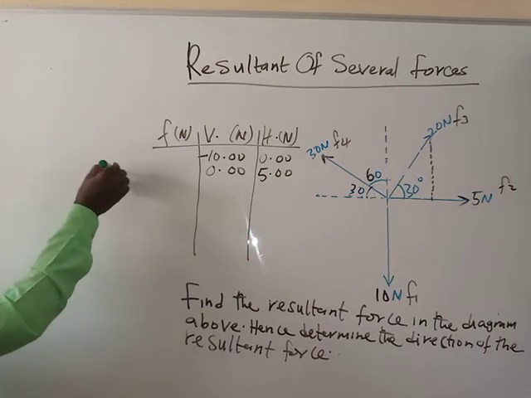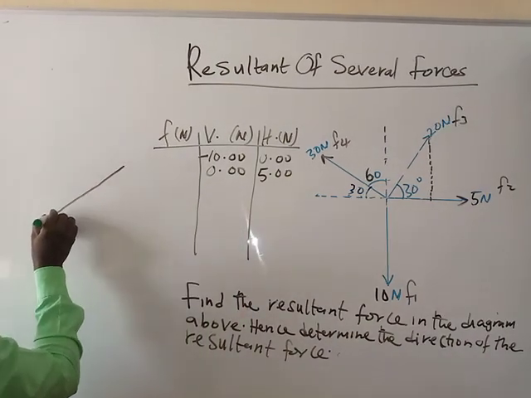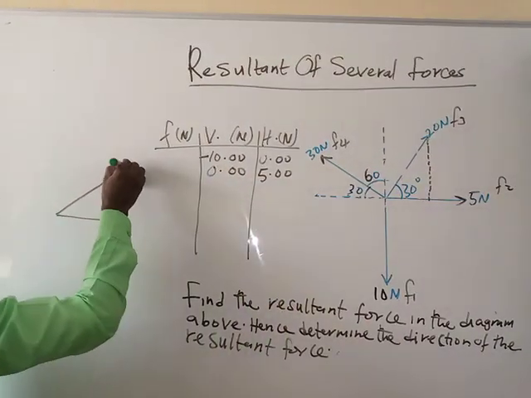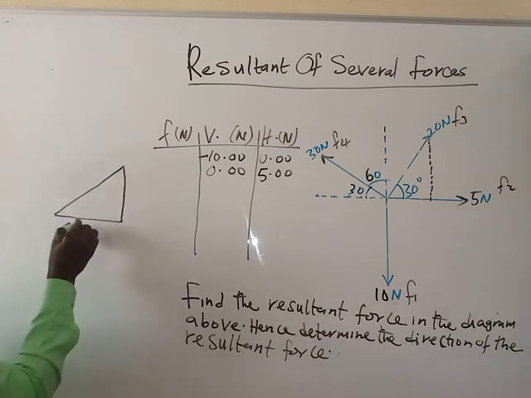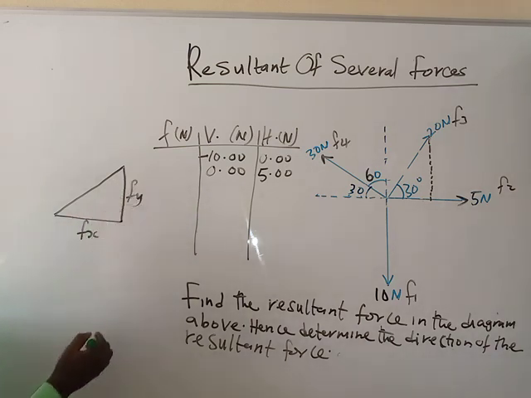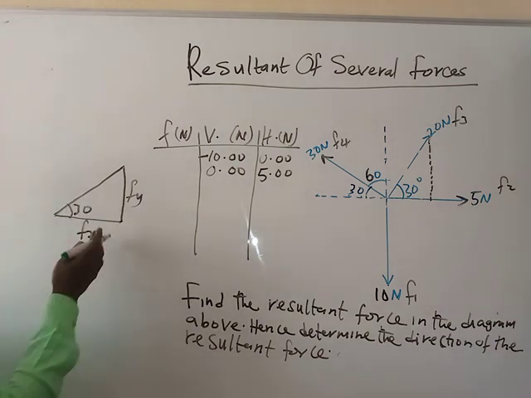So in that case, our force is like this. Then horizontal component, then vertical component of it. So this one, we can label it and call it Fx, while this one is Fy. Then the angle is 30. That's all. The force itself is 20.